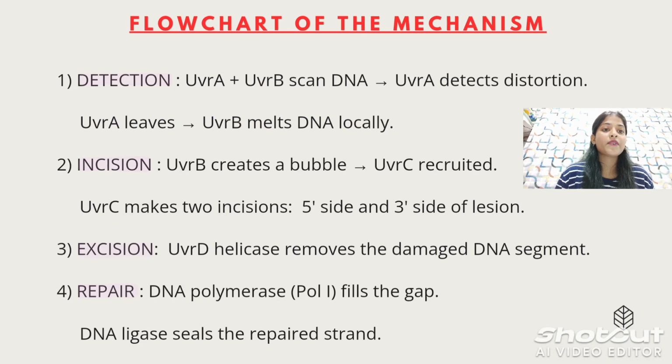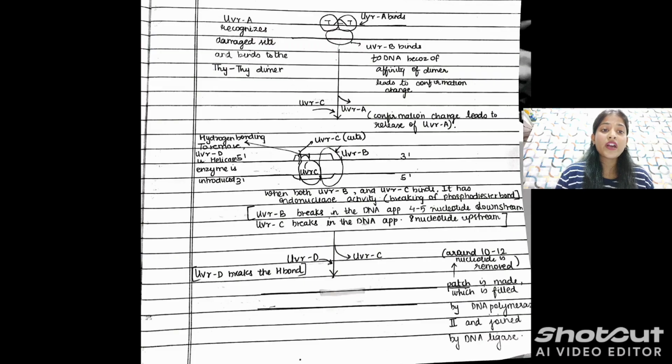So the first step is the recognition step, where UvrA recognizes the damaged site in the DNA, such as the thymine-thymine dimers, which are caused by UV light. UvrA binds to the thymine-thymine dimers.